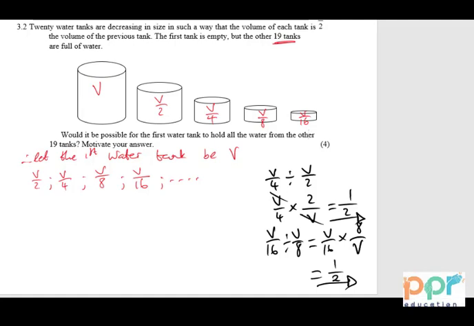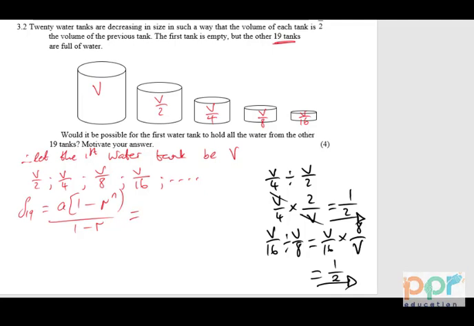So what is the formula? It's sum to n terms. We know the terms are now 19. Siyayikhohlwa leyo kuqala ilo i-volume yetank, sithatha nje kuswela kwesibili siyalekhoza amathank awu-19. So i-formula yakhona izobe sum to 19 terms is equals to a into 1 minus r to power n all over 1 minus r.